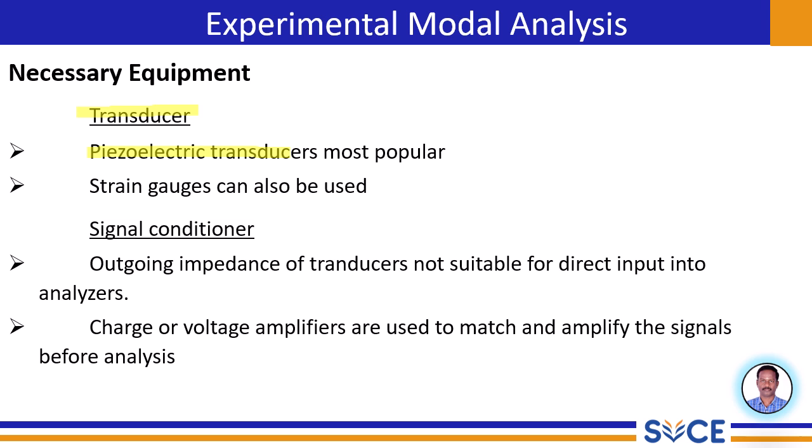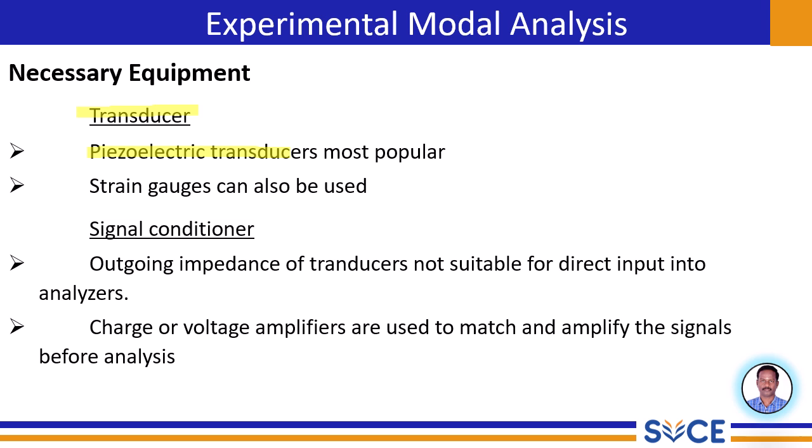Accelerometers, which are the workhorse of modal testing, typically utilize the piezoelectric effect to sense the acceleration of the vibrating structure. They are rugged, have a wide frequency range, and offer good sensitivity, making them ideal for capturing the dynamic response of a structure.